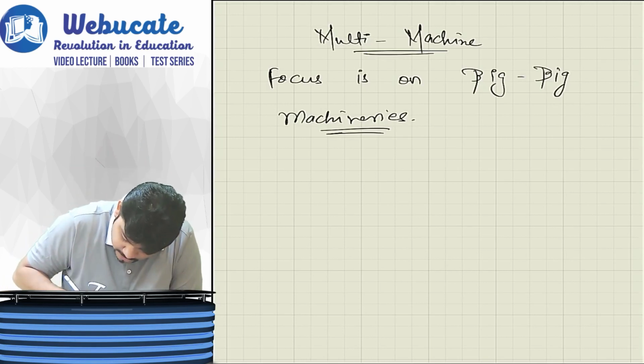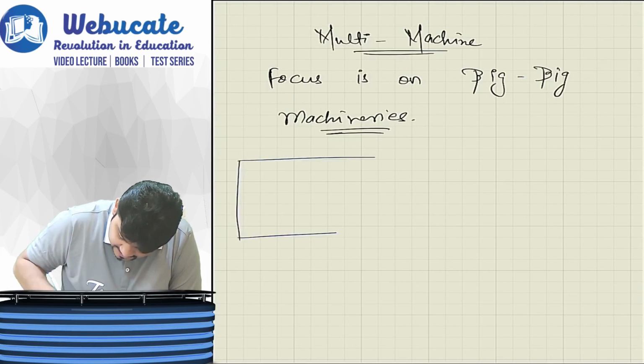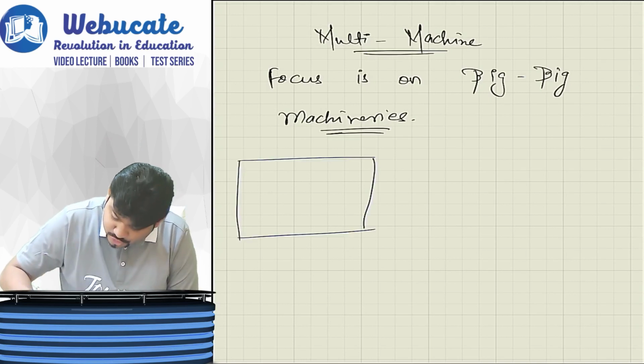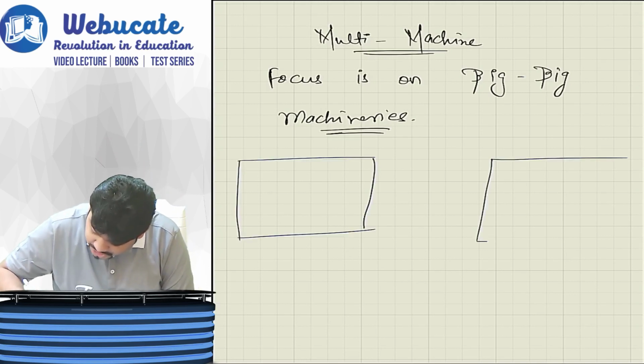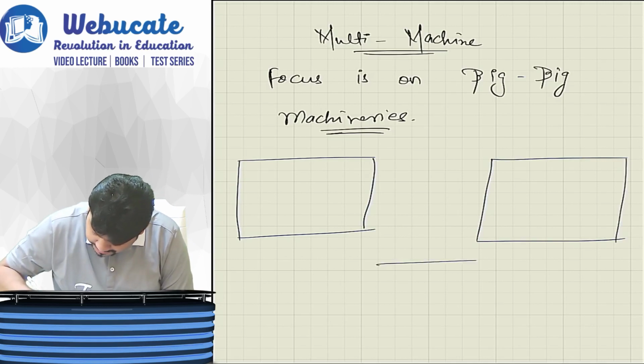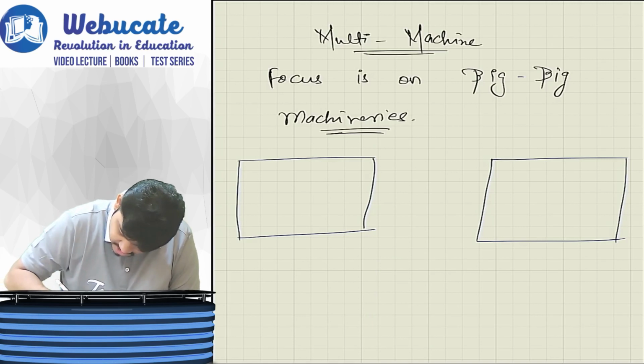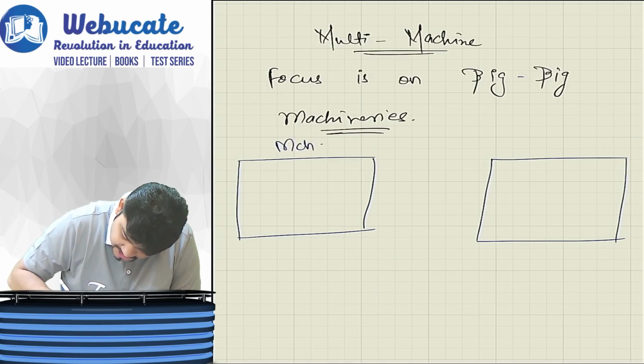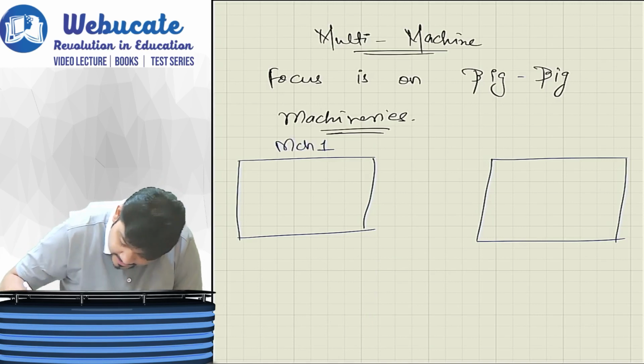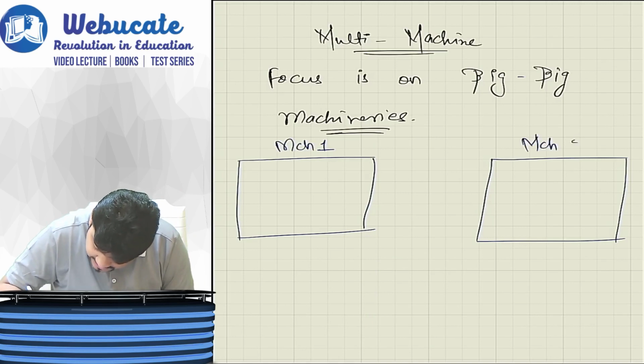Now, what used to happen in these big manufacturing companies is they used to purchase big machineries. Say for example this is machine one, and based on the machine they used to name it.